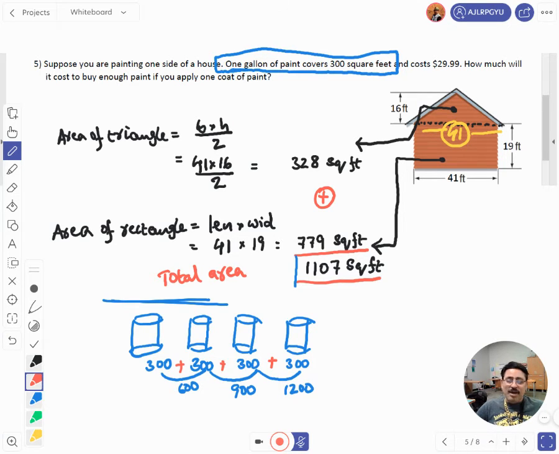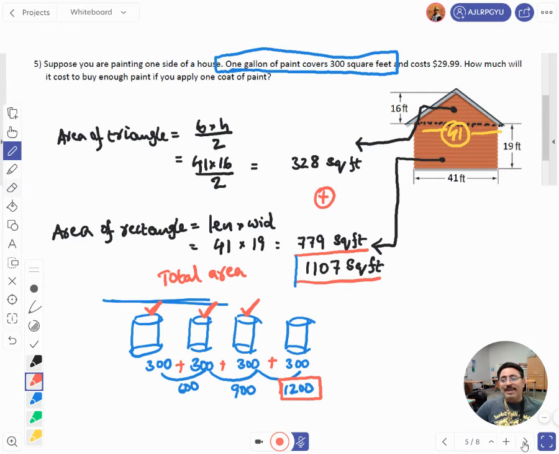Then you may get a doubt: I'll be left over with some extra paint because I have to paint only 1107. You know that three tins are not sufficient. Though you are left over with some extra paint, still you have to purchase four tins. There is no other go.